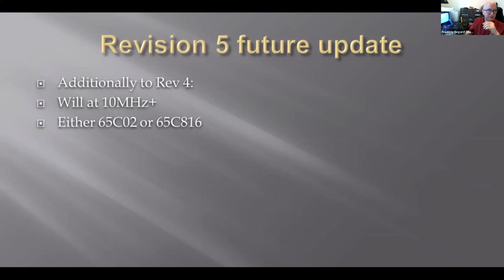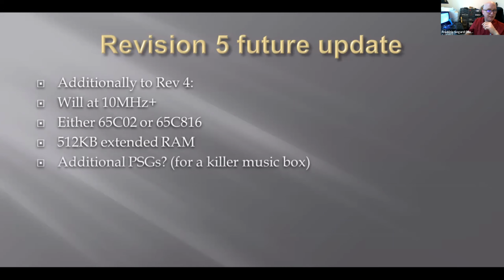Either I'm sticking with the 6502, or I may go to the 65816. That's still in question. I'm probably going to re-add the 512K extended RAM. Additional PSGs, maybe. It might be overkill though.